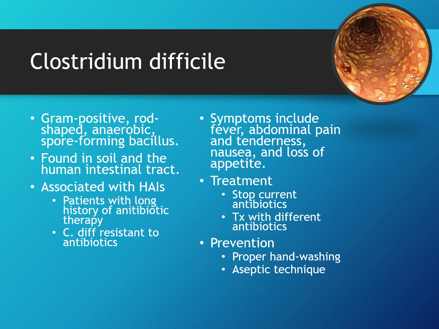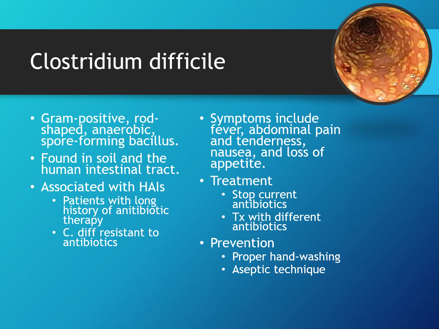Many individuals that become infected with C. diff have a history of long-term antibiotic use. So what this does is it kills off the normal gut flora, and because C. diff is so resistant and it doesn't have to compete with the normal gut flora because it's gone, it grows out of control and it kind of takes over.